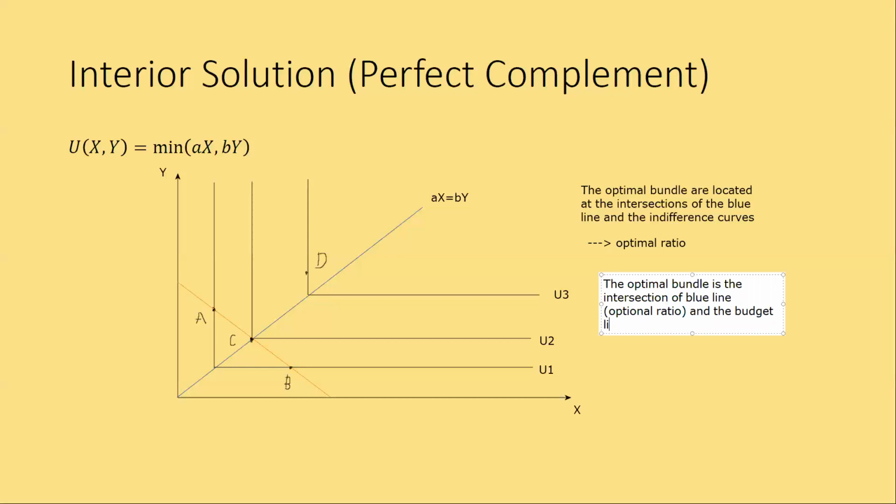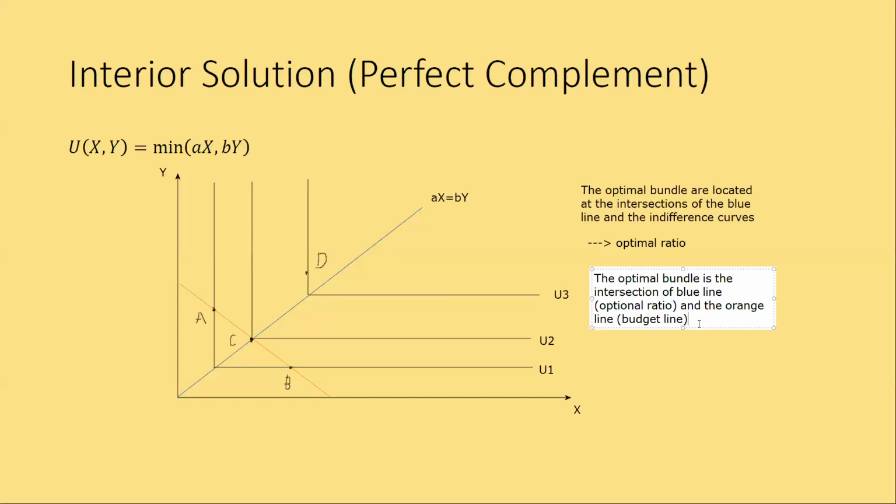The orange line is the budget line in our graph. The intersection of these two lines gives us point C, which is the optimal bundle. All right, so this is the graph for perfect complements.